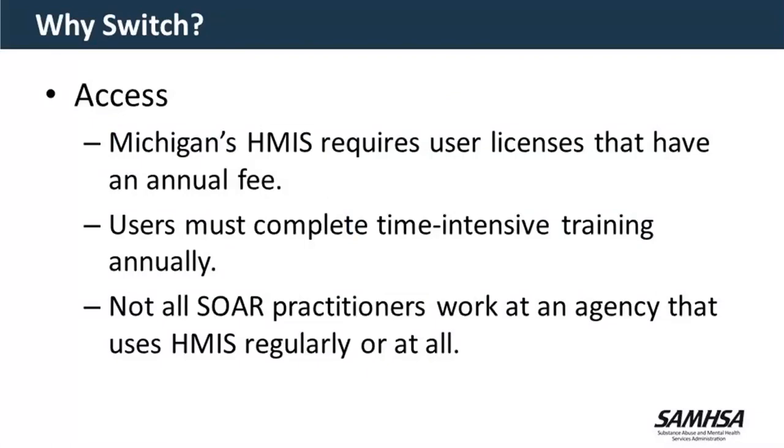You need to participate in a training to get a certificate to be able to use the program. Not all SOAR practitioners in Michigan work at an agency that has access to HMIS regularly or even at all, so not everyone was able to track their outcomes on a computer-based program.